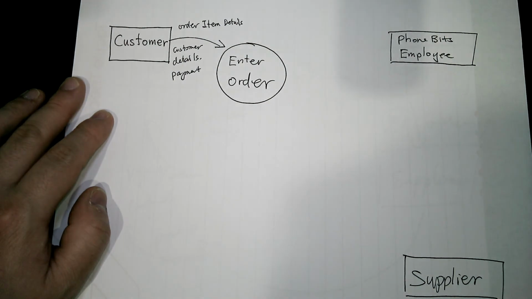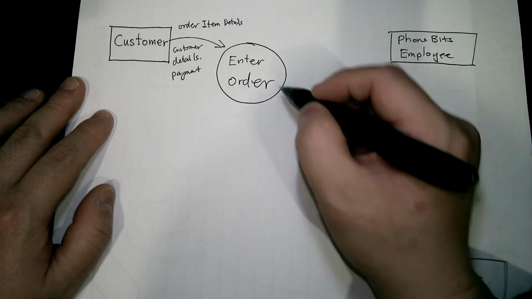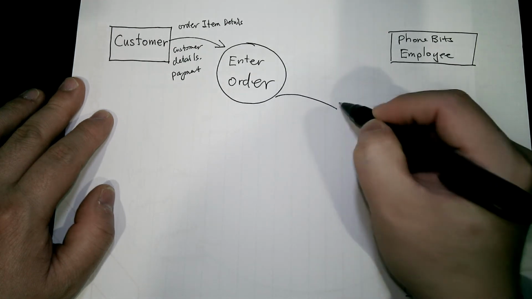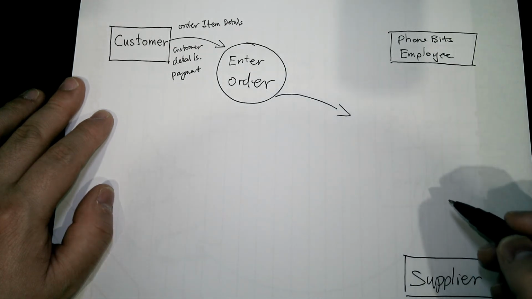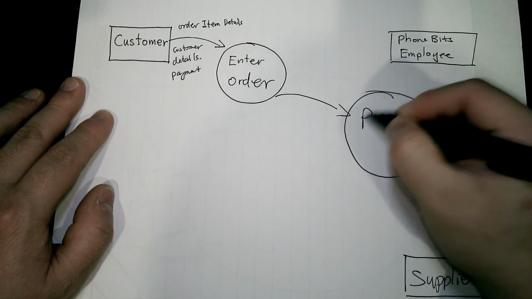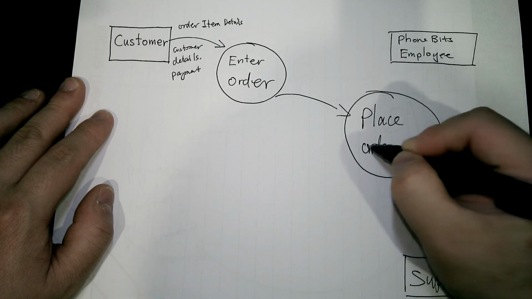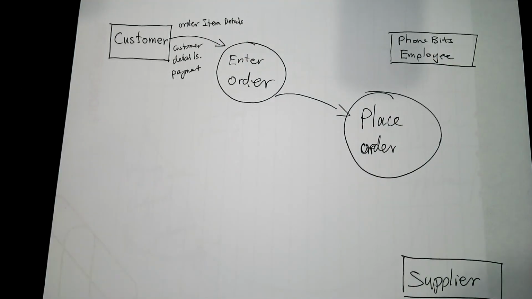These are the three things going there. Enter the order. Then we're going to place the order. All right, here's a big one. Place order. Okay, I'm going to place the order. How am I going to place the order?